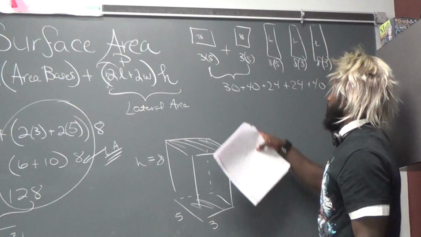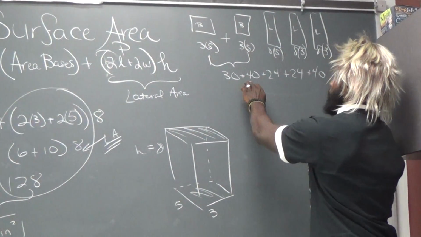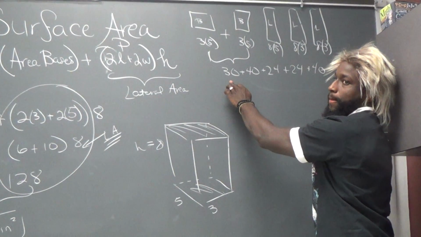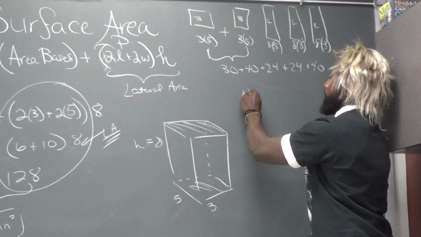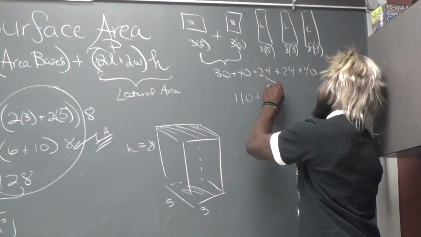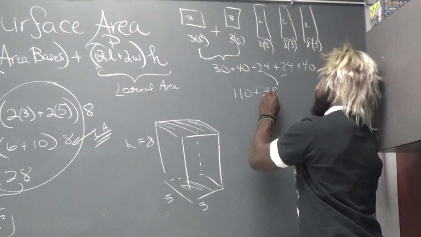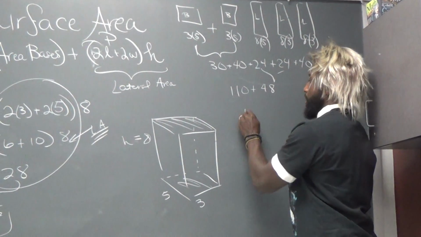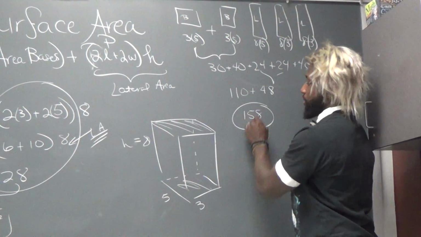So we add all these together. 40 and 40 is 80, plus 30 is 110, plus 24 and 24, which is 48. 110 plus 48 is 158.